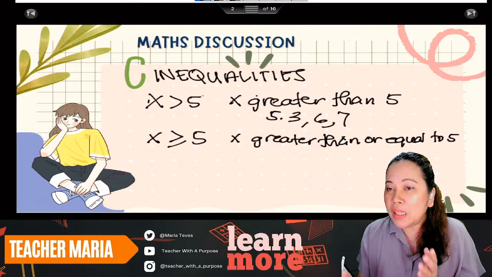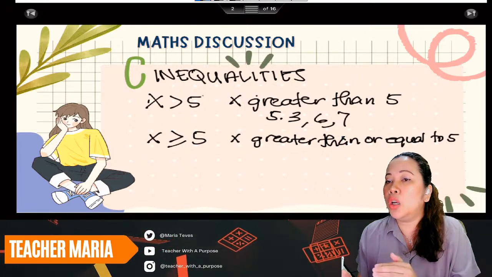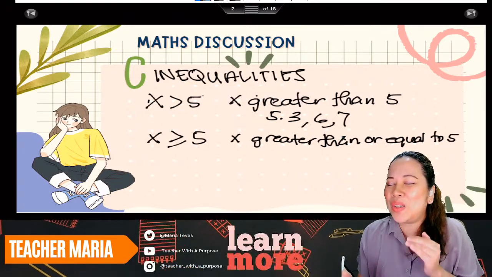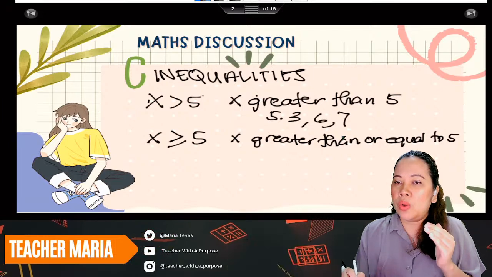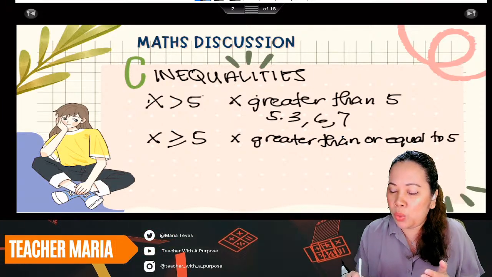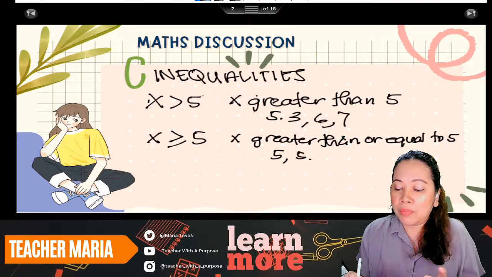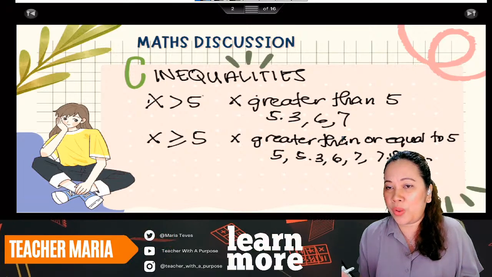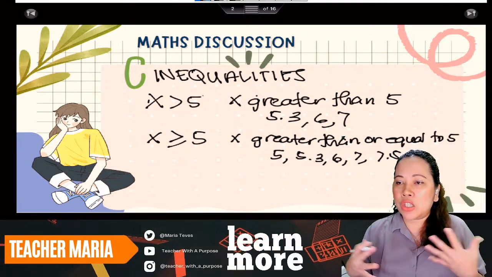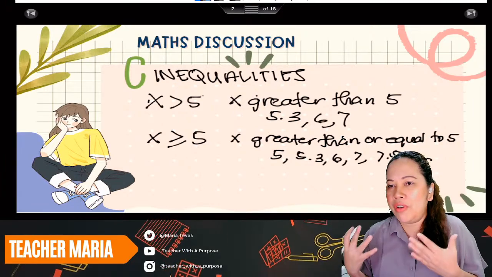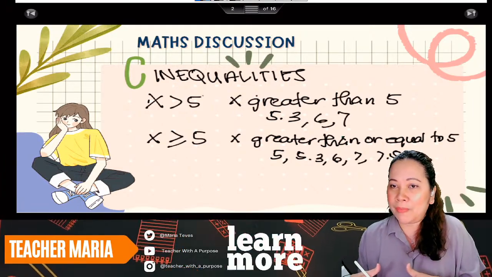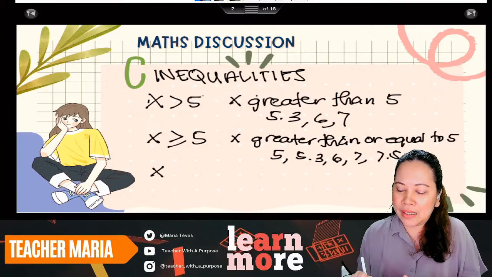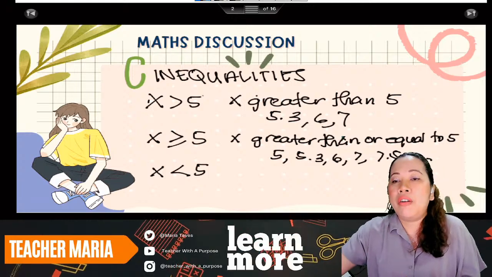So that means that this includes 5. The possible values here would be 5, 5.3, 6, 7, 7.5, and so on and so forth. So it can have as many values as it can have, which includes 5.